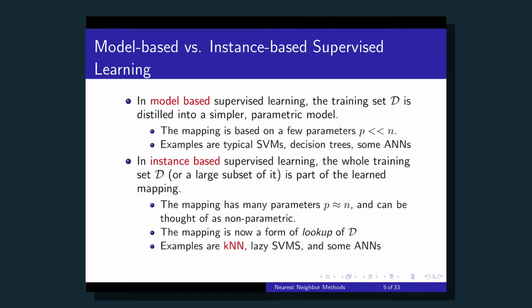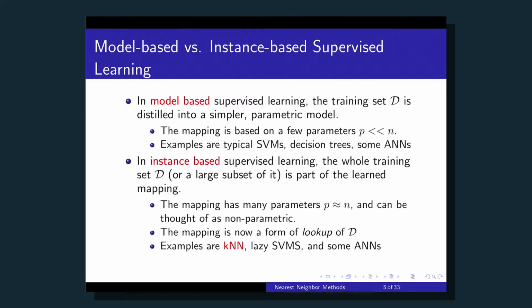So what we did before with the salmon and sea bass was something like this. We took the distributions of, for example, the lengths of salmon and the lengths of sea bass, and we found a cut point between those two distributions where you would mostly accurately classify these fish. So that would have been a model-based method.